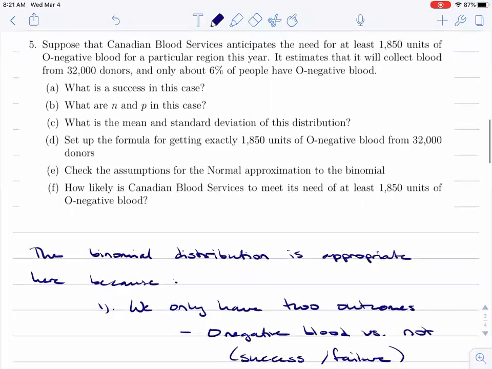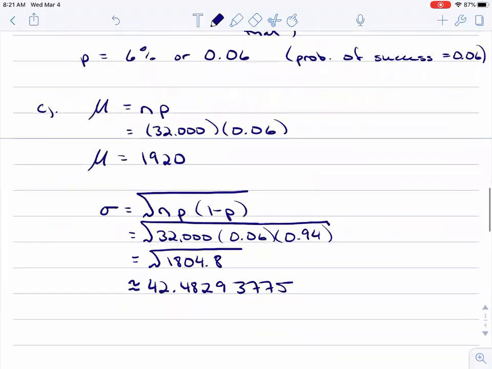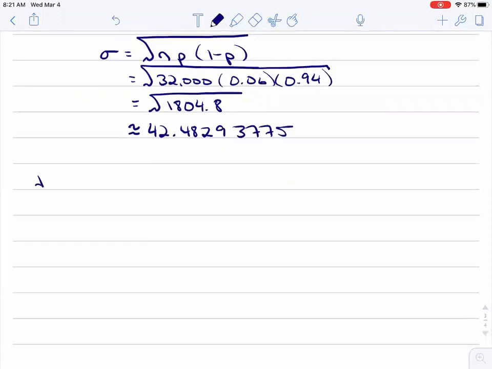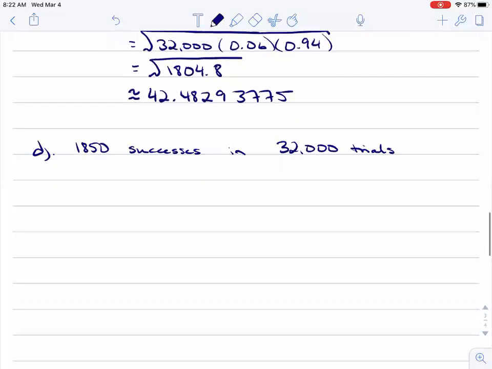And so here we go. We're going to set up this formula, because we still can. We want 1,850 successes in 32,000 trials. Remember, we denote K as the number of successes. So in general, let's write down our general formula first.